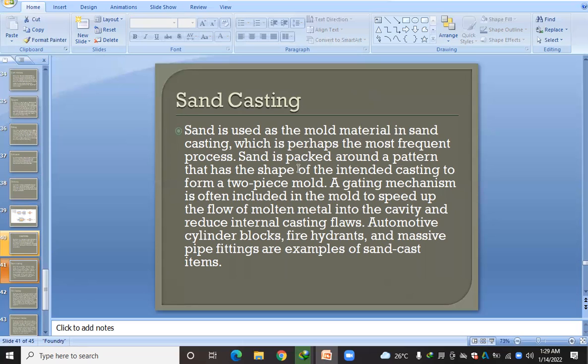Sand is packed around the pattern that has the shape of the intended casting to form a two-piece mold. A gating mechanism is often included in the mold to speed up the flow of molten metal into the cavity and reduce internal casting flaws. Automotive cylinder blocks, fire hydrants, and massive pipe fittings are examples of sand casting items.